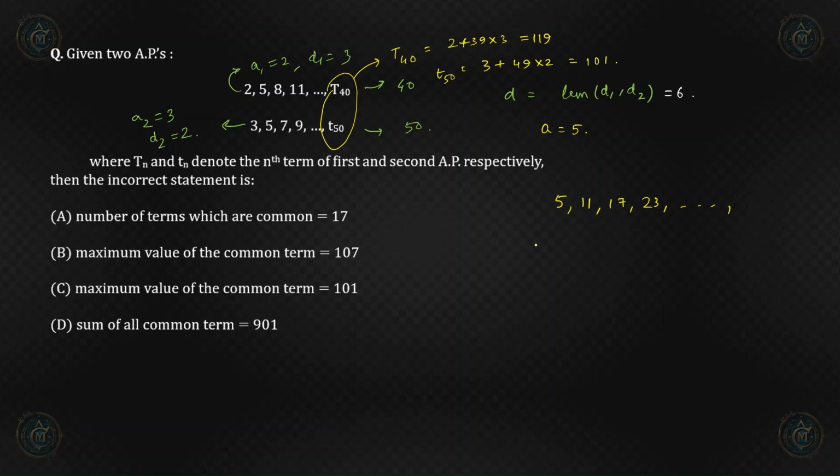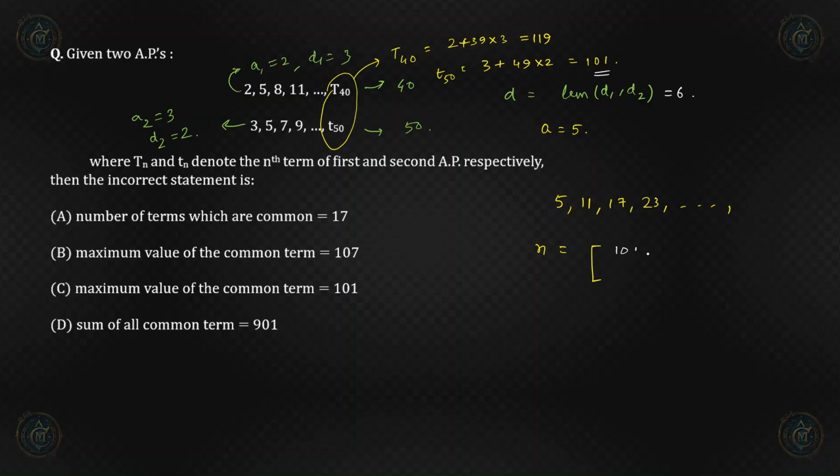So what will be our number of terms in the common AP or the combined AP? The number of terms will be the greatest integer of the smallest last term of these two APs, which is 101, right? This 101 is the smallest last term of these two APs.